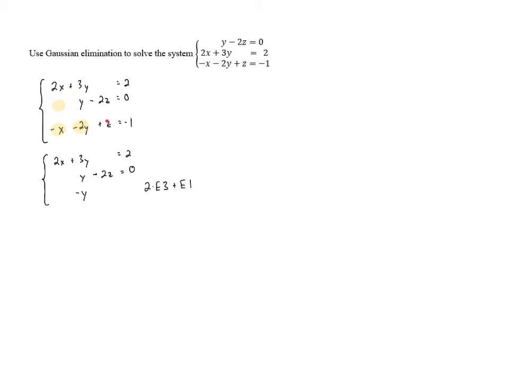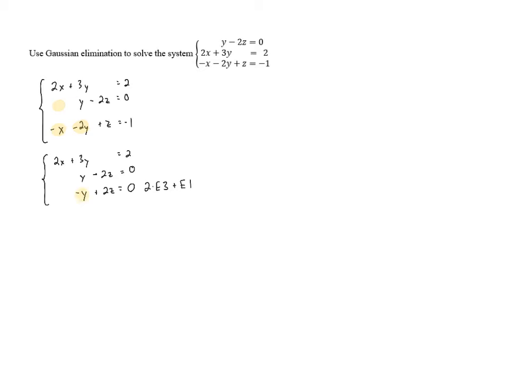And then we've got 2 times z, which is 2z, plus 0, which gives us 2z. On the right-hand side, we've got negative 1 times 2, which is negative 2, and negative 2 plus 2 gives us 0. So now we have 2 of the terms that we want gone eliminated already.